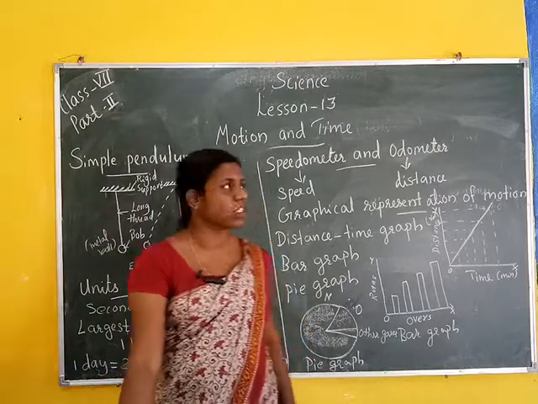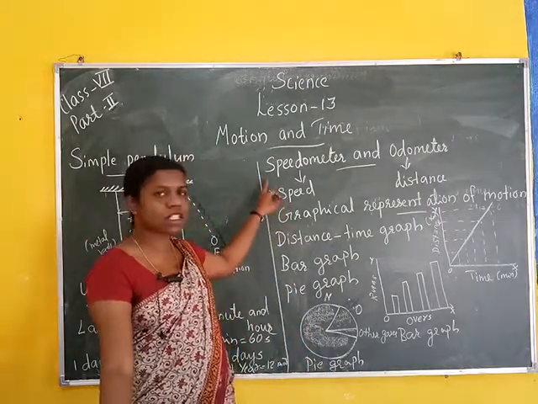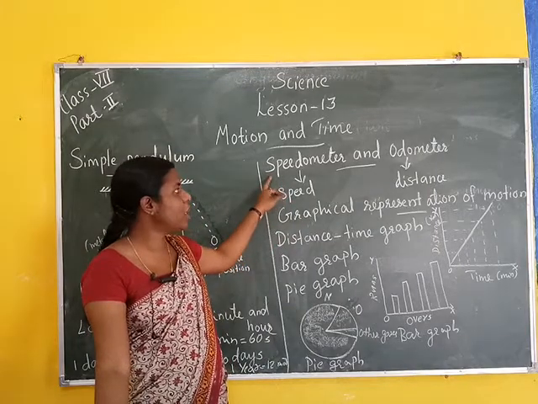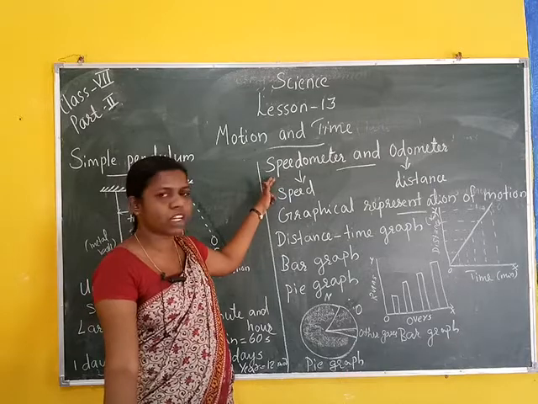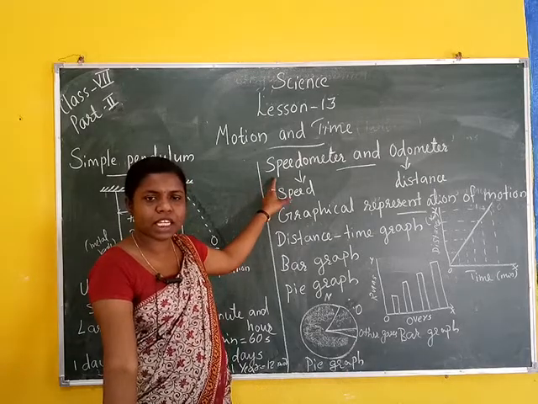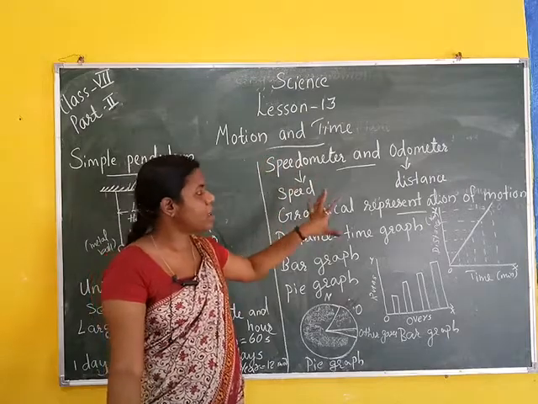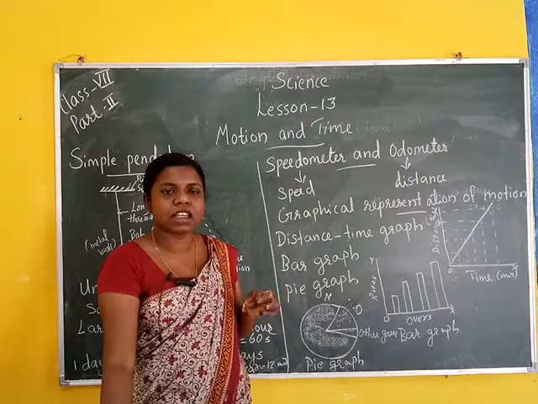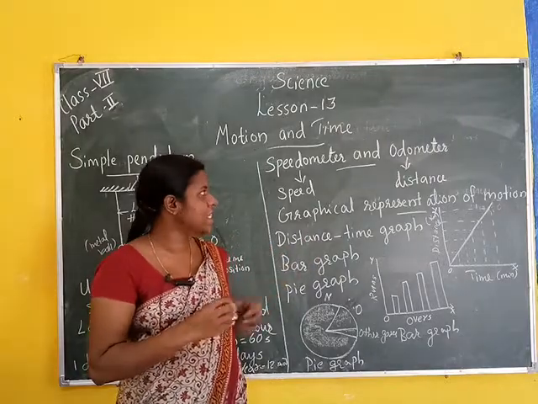Next is speedometer and odometer. You hear these words. Vehicles use these machines. The speedometer measures the speed of the vehicle while it is moving, and the odometer measures the distance, how many kilometers the vehicle has travelled.